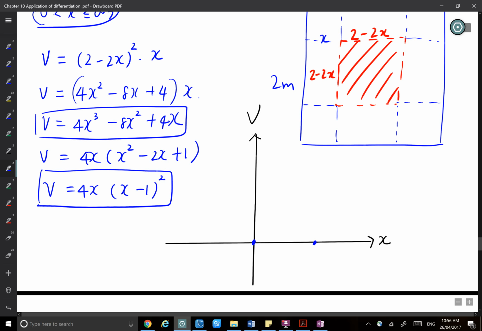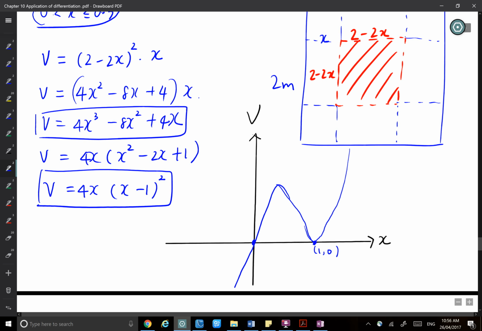And the leading term is positive, so I will have that. So that's the rough shape of this graph. That's (1, 0), that's (0, 0).